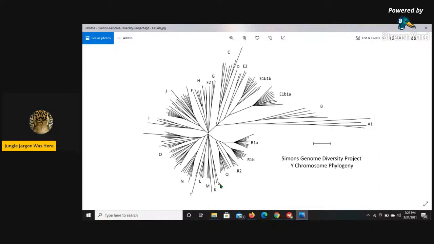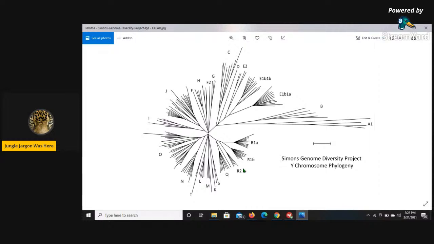So we can say the K and the S are the same family tree, but of course they split off way back in ancient history. So let's say the K and the S are the same family tree. We have the M. That means there's 1, 2, 3, 4, 5 people to identify.